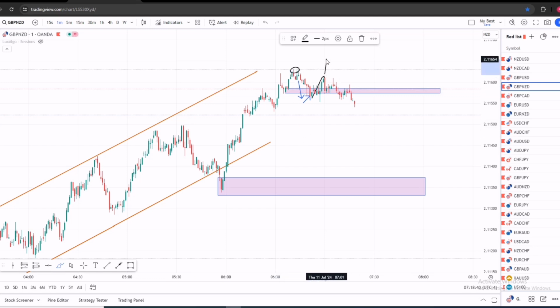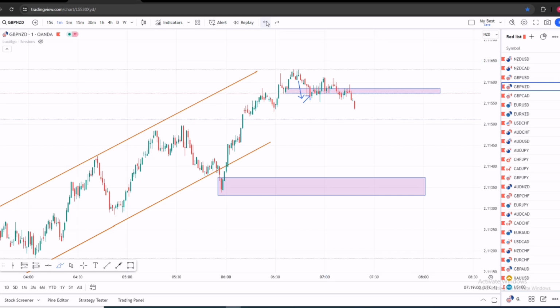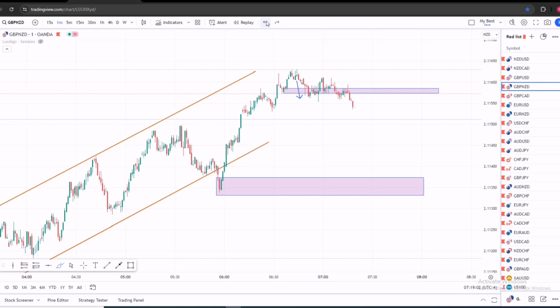Maybe it can be a wick and then come and close below, but the moment it closes above it in a full candle, it's a different story. It means that price is now heading upwards again. That's how this strategy rolls. I find it so simple.